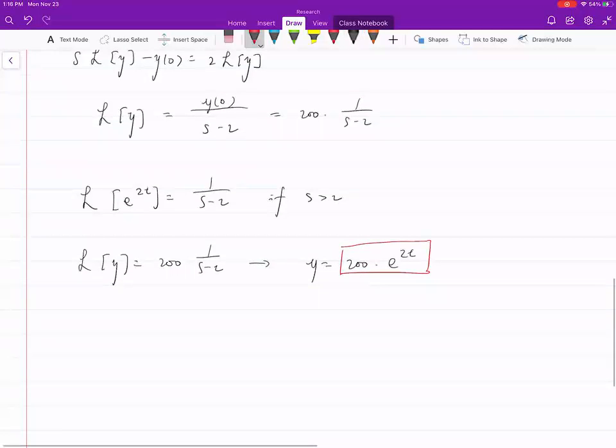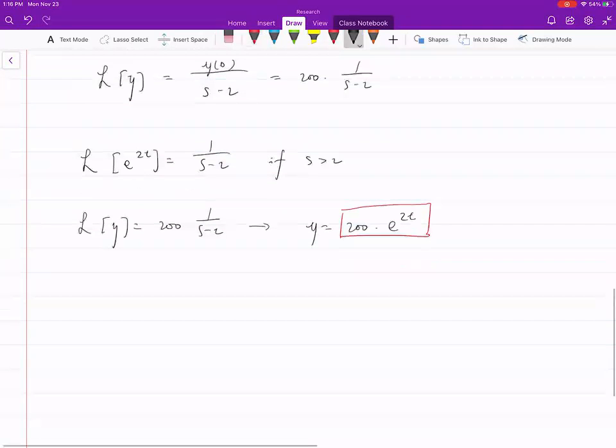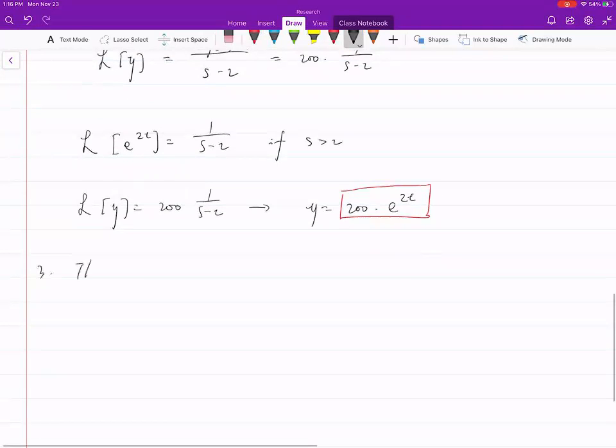Okay. But now it gives us a question. That is, if you know the Laplace transform of some function, can you transform them back into the original function, which involves the inverse Laplace transform.